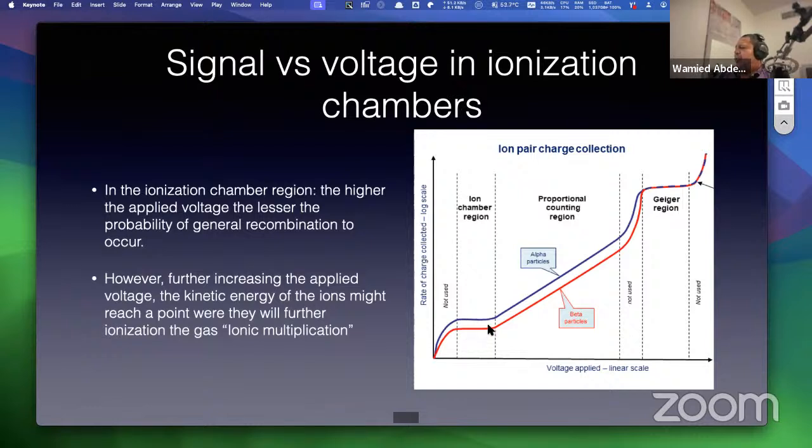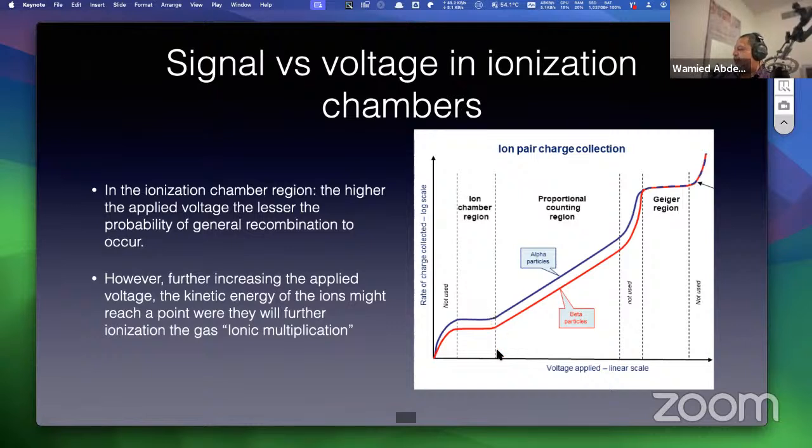If one is tempted to increase the voltage in order to reduce ionic recombination and collect charges fast, it could happen that the voltage applied could actually accelerate the ions to an energy where these ions could then ionize the gas.